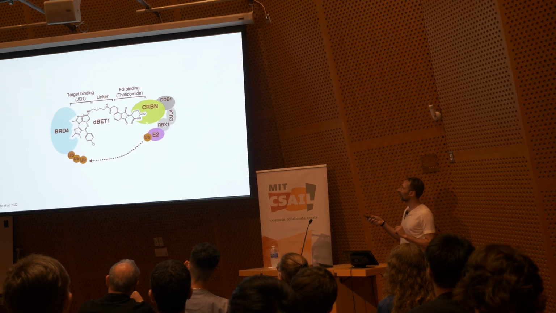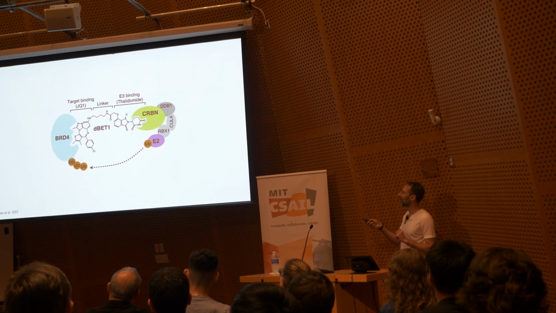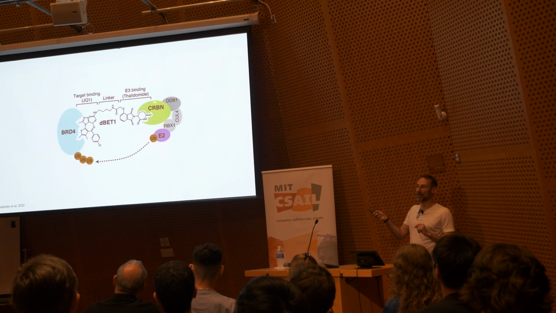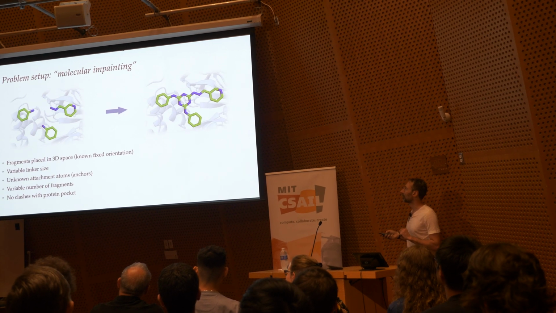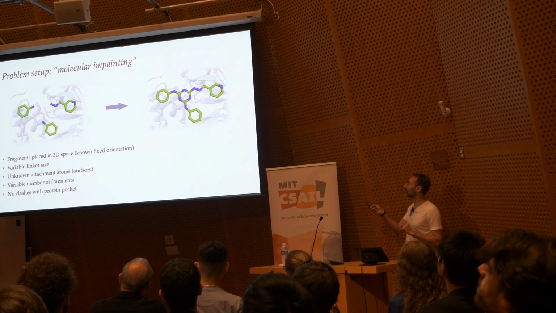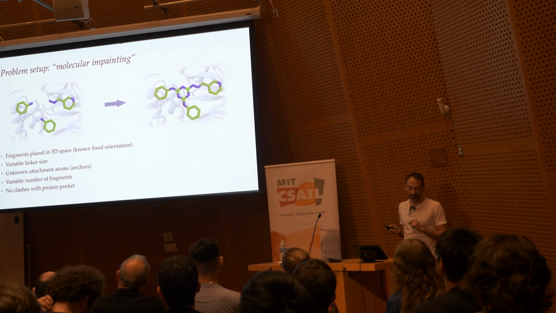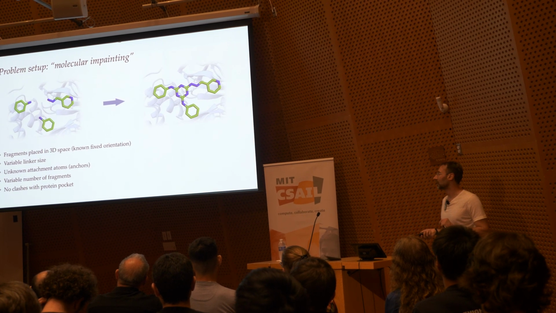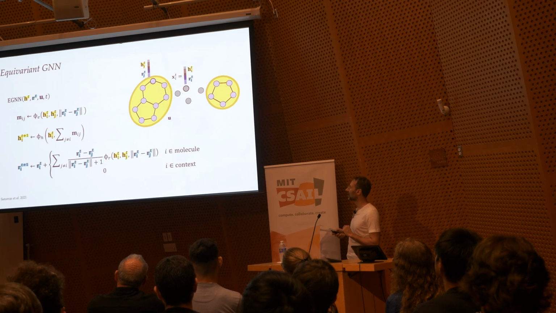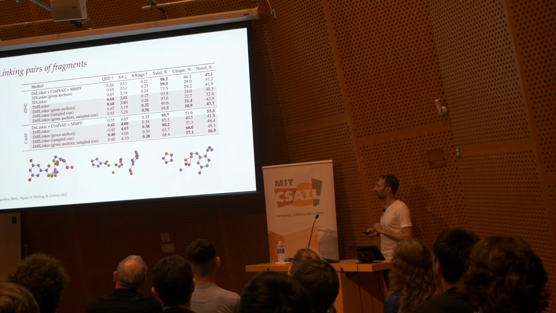The way a molecular glue is designed, it has a part that binds to the protein, another one that binds to the ligase, and some bridge between them. You can think of it as a problem of molecular painting. I have some fragments whose structure I know, and I want to connect them. Here, again, we can use a generative model that connects these fragments together, and we call it DiffLinker.